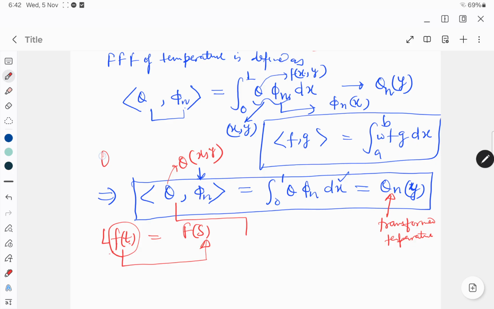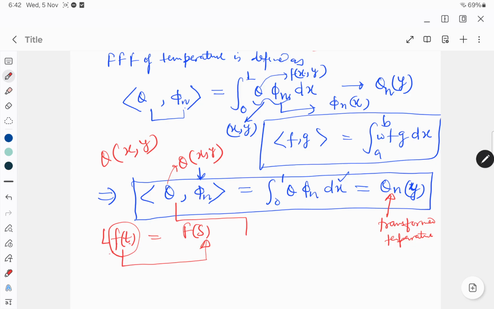Here theta is the temperature that we intend to find, a function of xy. So this is the solution. You multiply the solution variable, the dependent variable, by the eigenfunction, or basis function, take the inner product, and you get this theta n y.